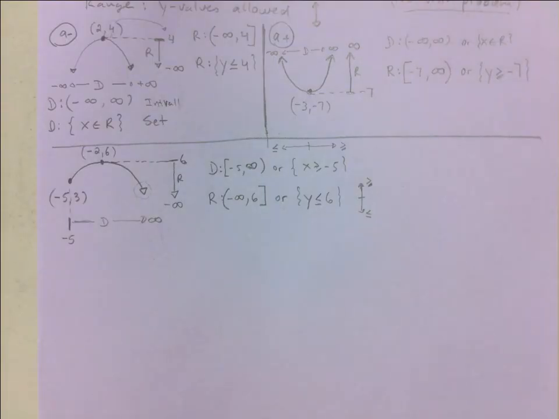Domain and range is one of those things that on a test, for example, you can expect about 4 marks out of 40. That's like 10%. It's gonna keep coming back in grade 12. It's gonna keep coming back. So I'm gonna try to kind of drill in domain and range as much as I can.